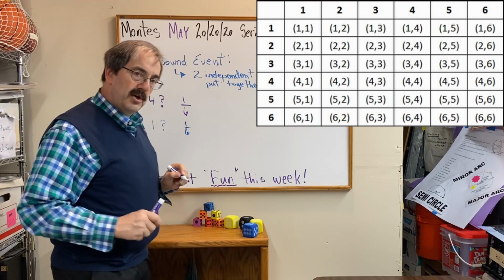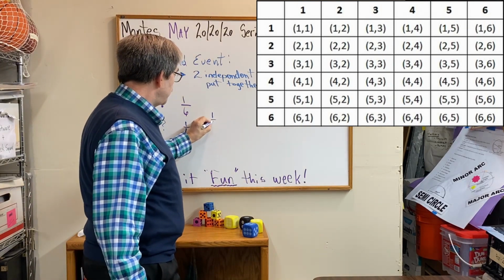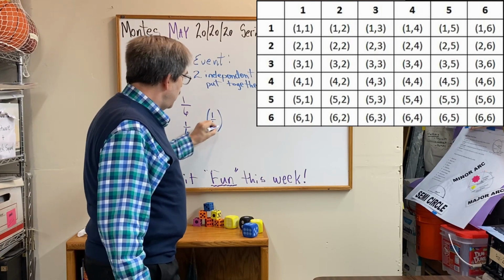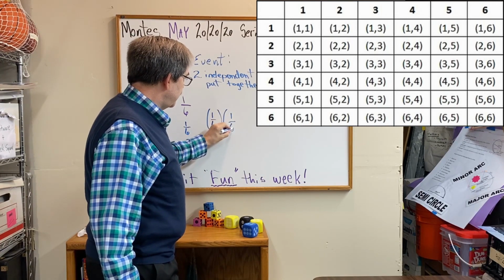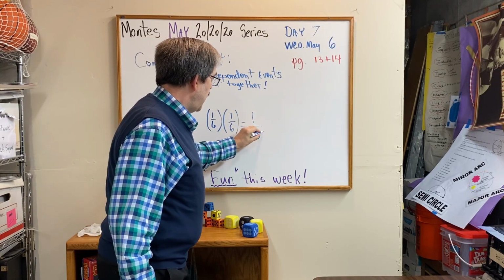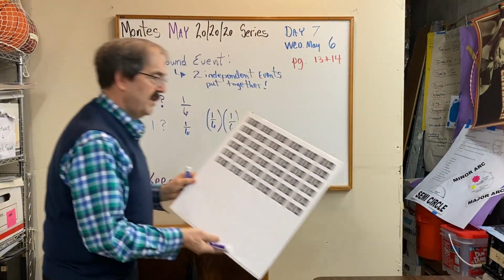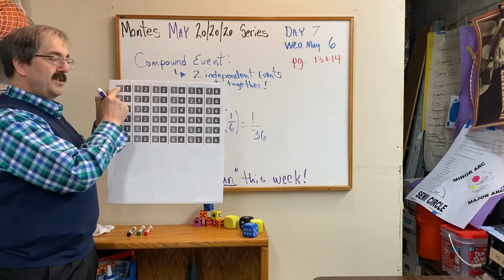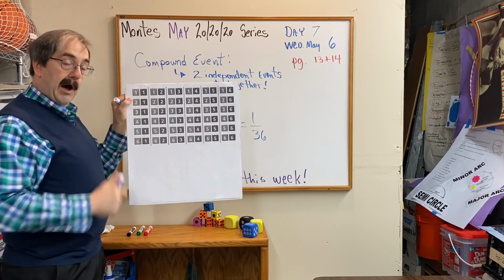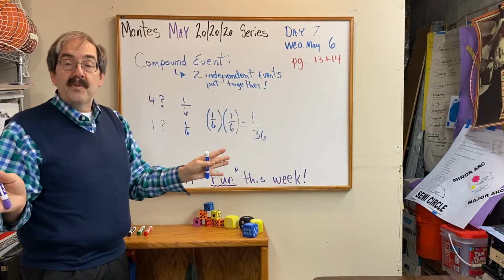And the chart shows us there's 36 possible choices. 1 out of 6 times 1 out of 6 gives us 1 chance out of 36 possible choices. 1 chance out of the 36. That's the math for the week.